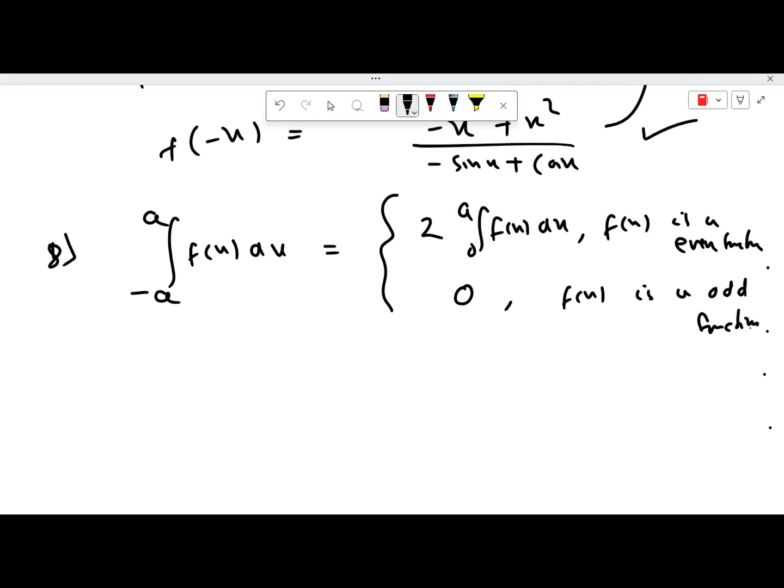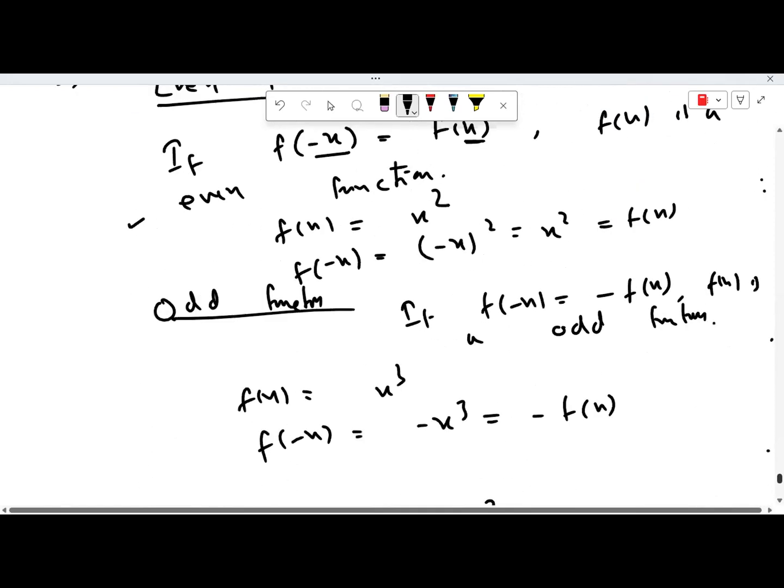Very simple. Check if the function is even. See this, how to check even and odd.